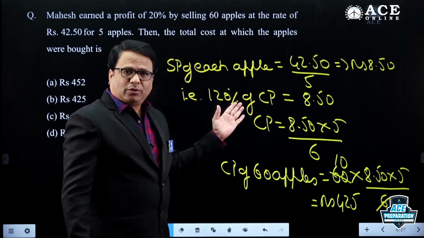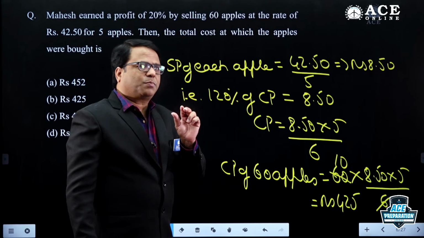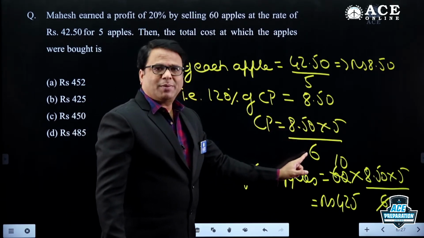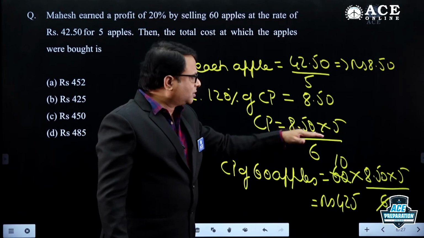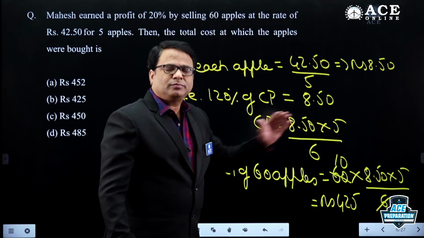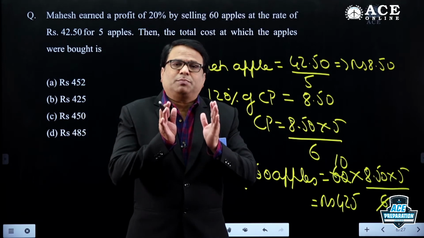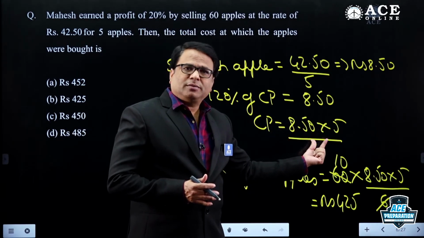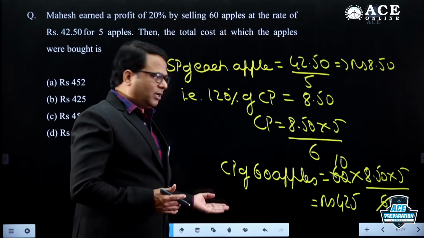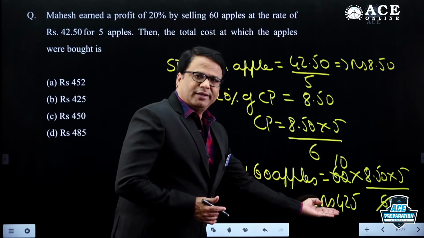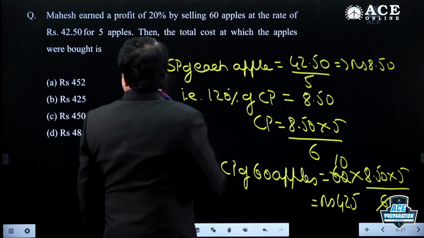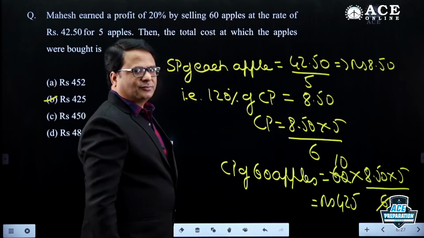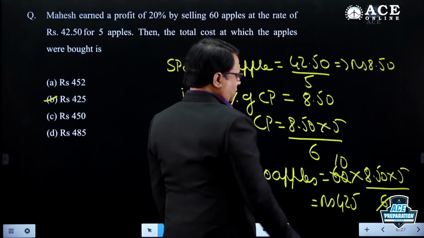Now after doing the calculations, I got the cost price of each apple as 8.50 into 5 divided by 6. But we are asked to find the cost price of 60 apples, so we need to multiply this price with 60. So the same I did here, then I got 425. So our answer is 425. Okay, right.